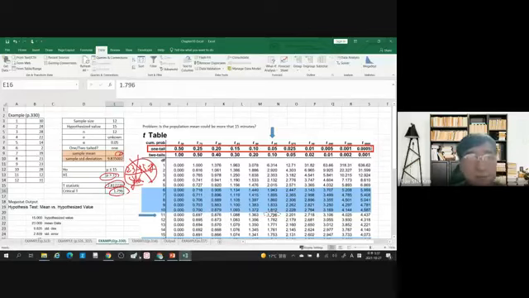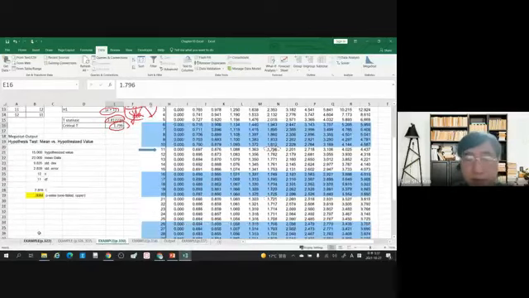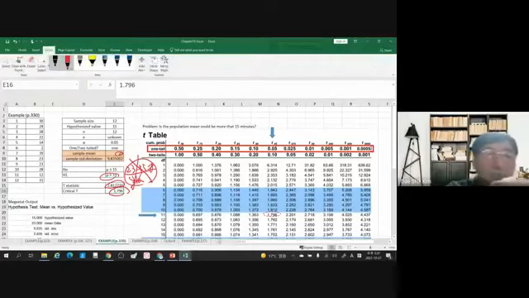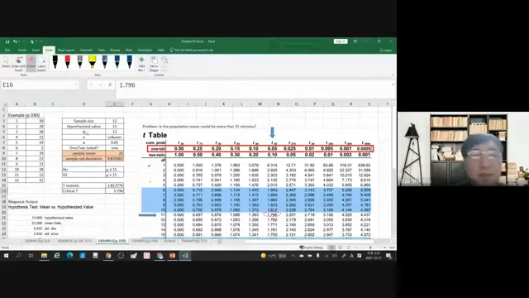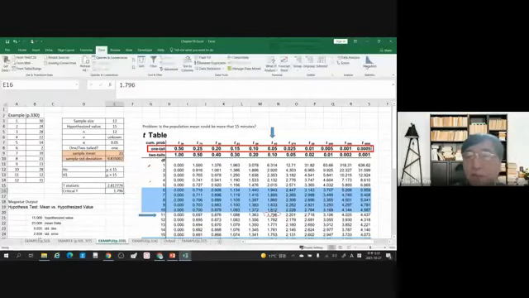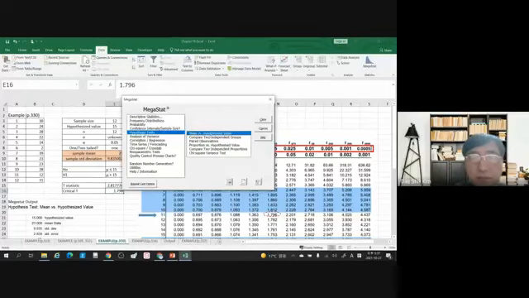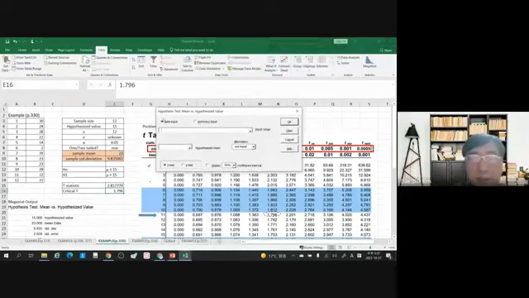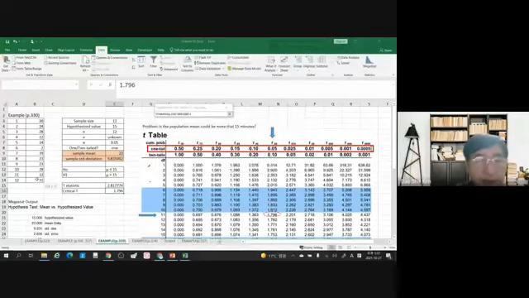I will use MegaStat. I already calculated the MegaStat result, so I will show you. I will erase some of them. And data, MegaStat. This one is not summary data. Real data is given. So here you need to choose data input and select data up to here.